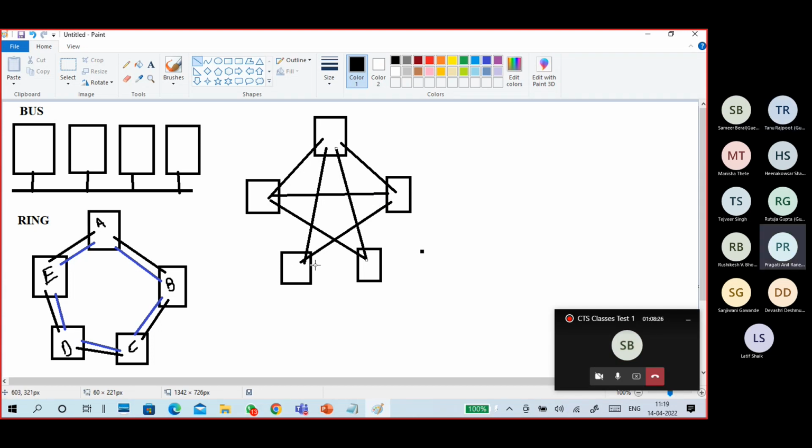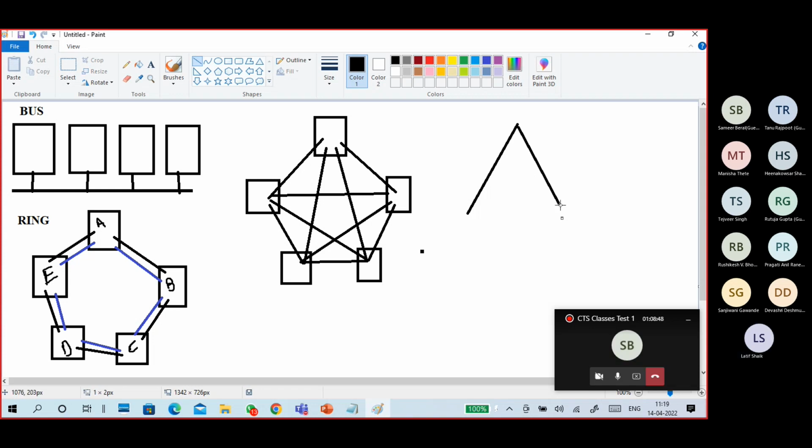Mesh. Very good. Mesh topology. Some people will think, even myself, I thought it is a star topology.